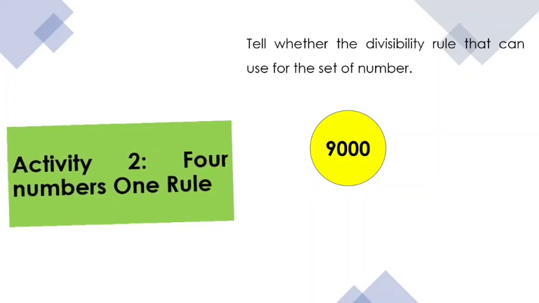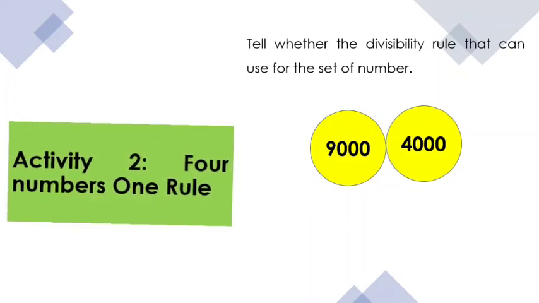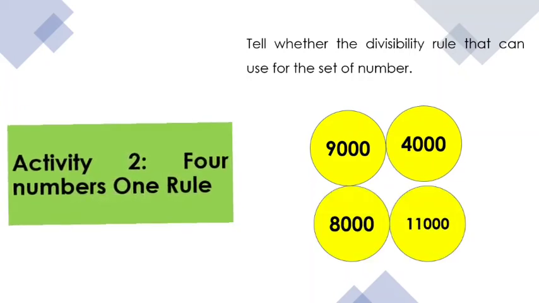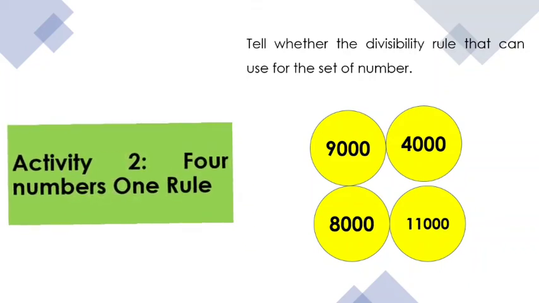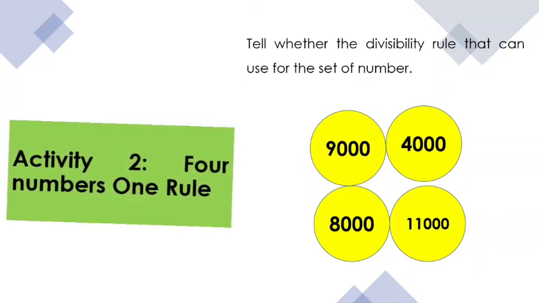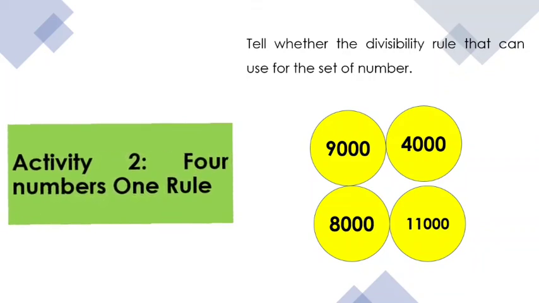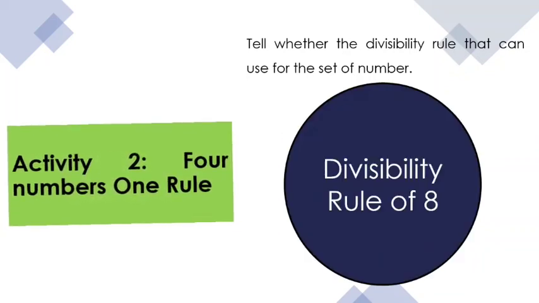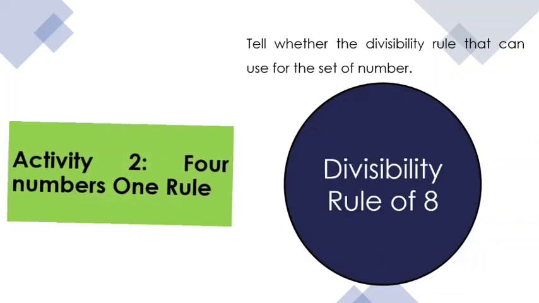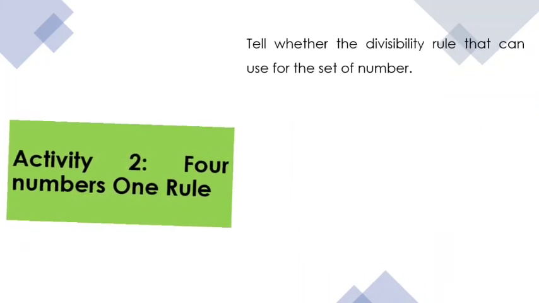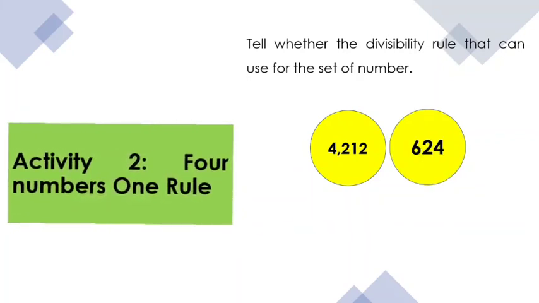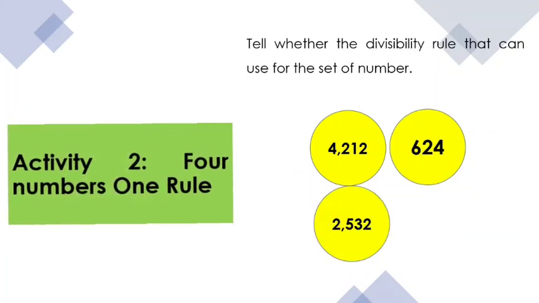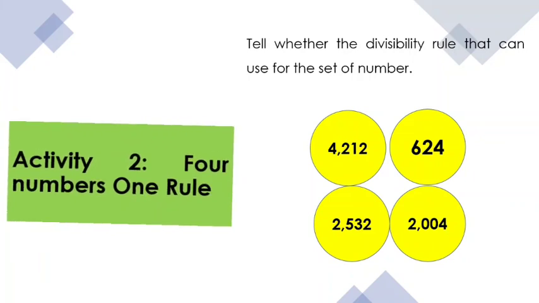9,000, 4,000, 8,000, 11,000. Good job! Divisibility rule of 8. 4,212, 624, 2,532, 2,004.